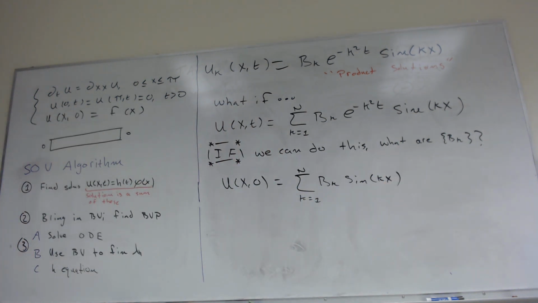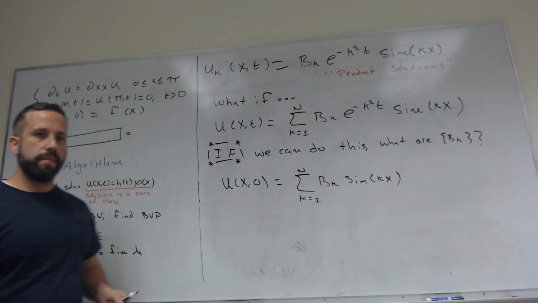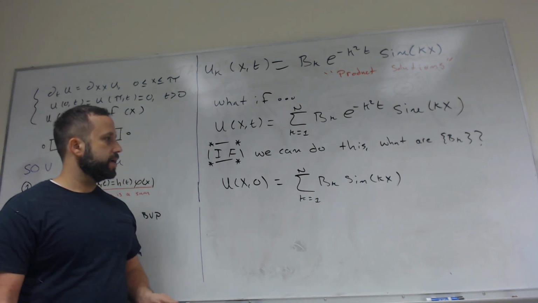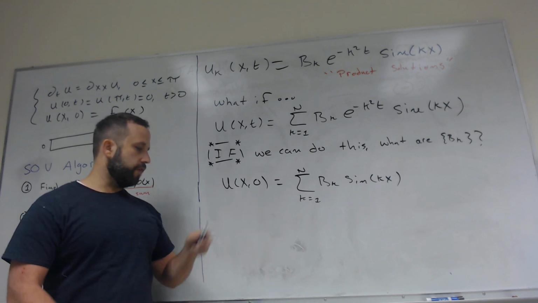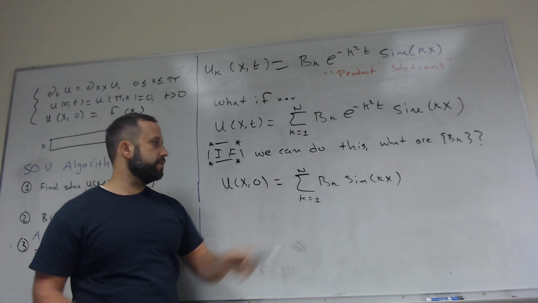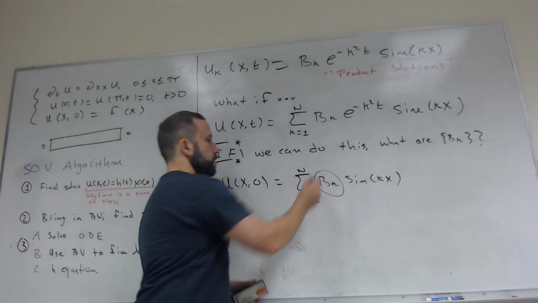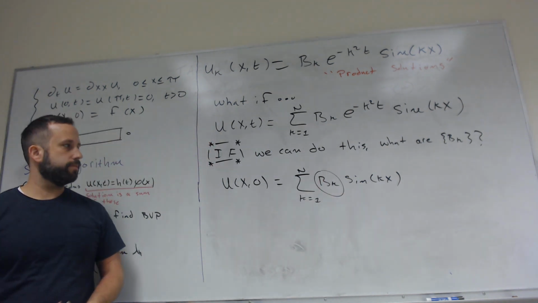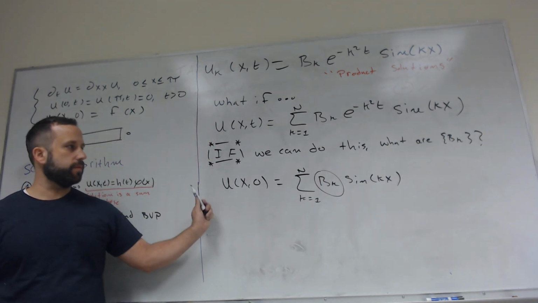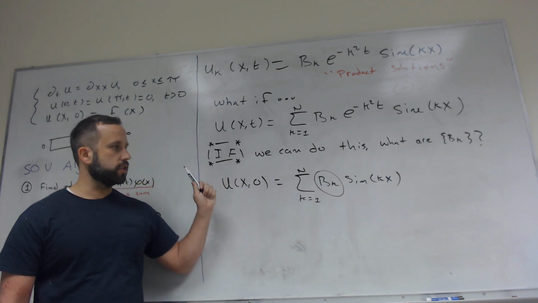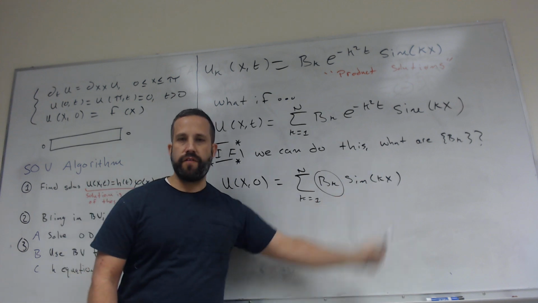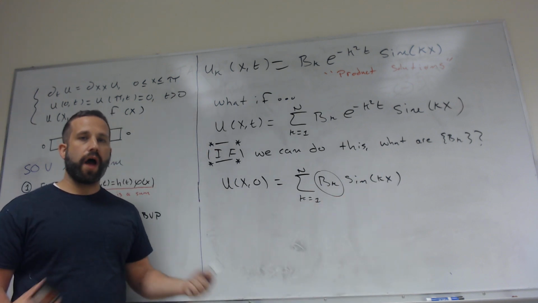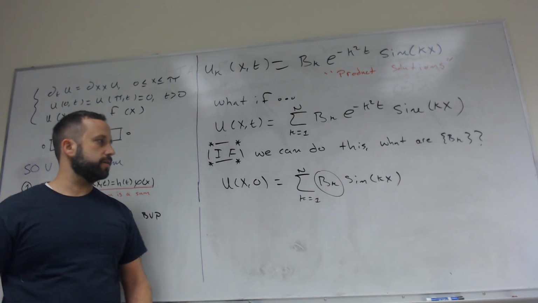Now if you remember from linear algebra, if I write a vector as a linear combination of orthogonal vectors, there's an easy formula for that b_k. We're going to use something similar. Remember in the previous video I talked about inner products and integrals. The sine functions are going to turn out to be orthogonal with respect to this integration.